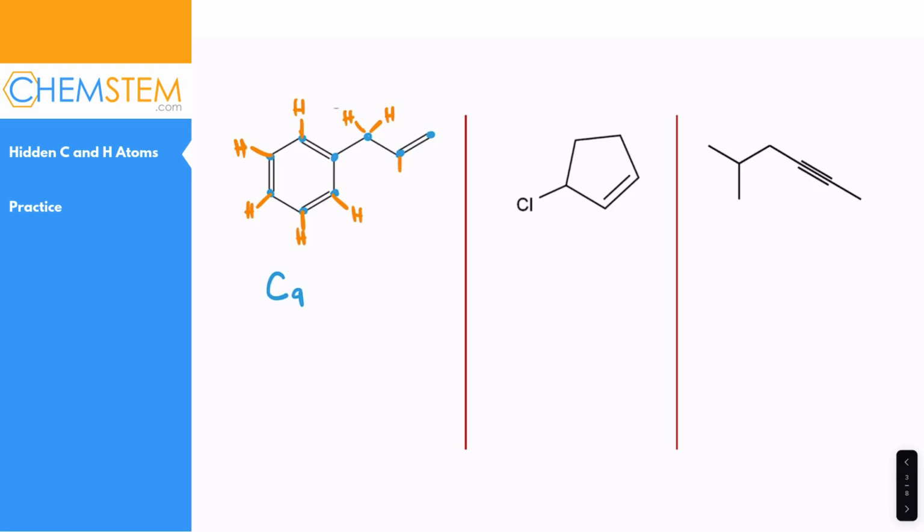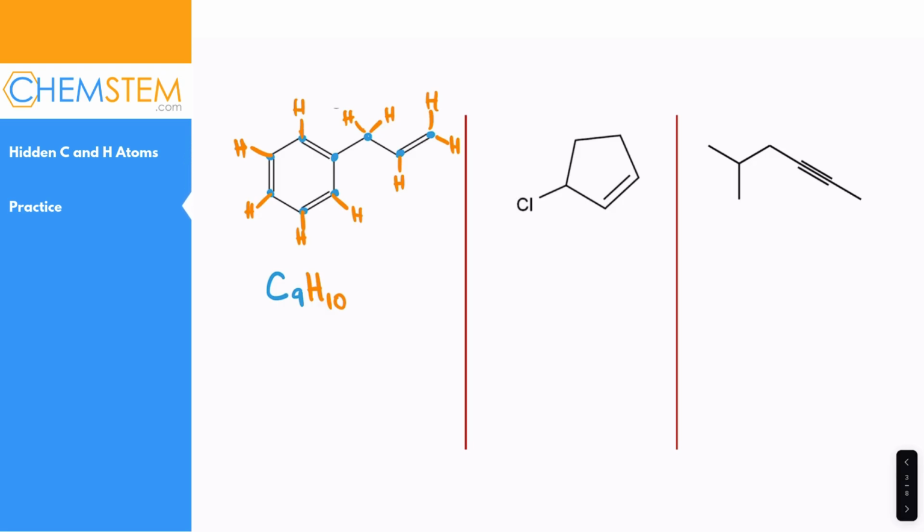And then we have an available hydrogen spot here, because that carbon has 2 plus 1, so it's 3. That means that one of them is hidden, which I just drew in. And then the carbon on the very right has 2 explicit bonds. I'm going to draw in those 2 hidden hydrogen connections. If we count up all our hydrogens, we have 1, 2, 3, 4, 5, 6, 7, 8, 9, 10. This is C9H10. That's how you read that formula.